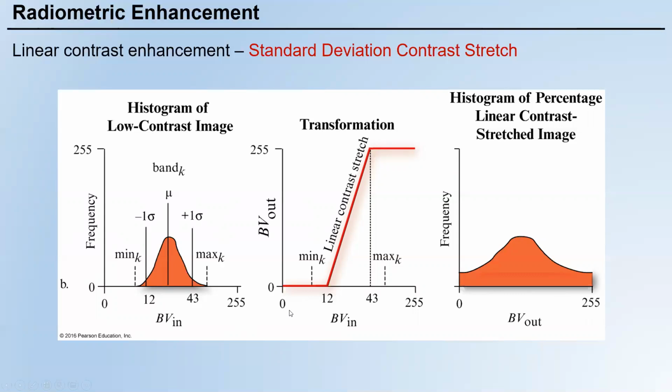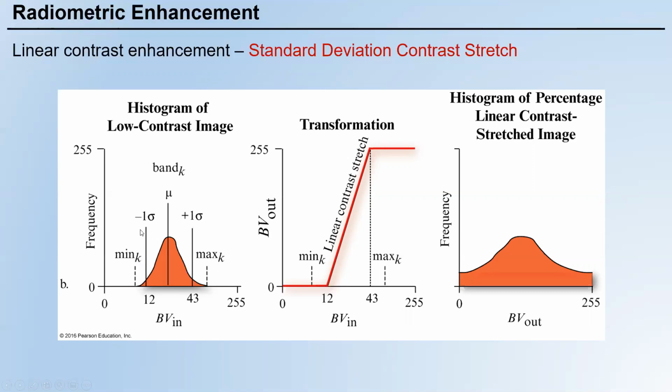What about other pixels outside mu minus 1 standard deviation? And how about all other pixels that have a value larger than mu plus 1 standard deviation? In other words, how about these pixels between the minimum value and mu minus 1 standard deviation? How about pixels with values between mu plus 1 standard deviation and the max?